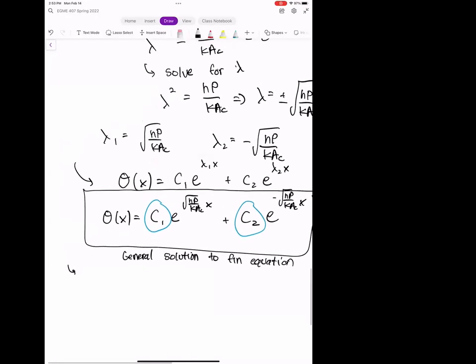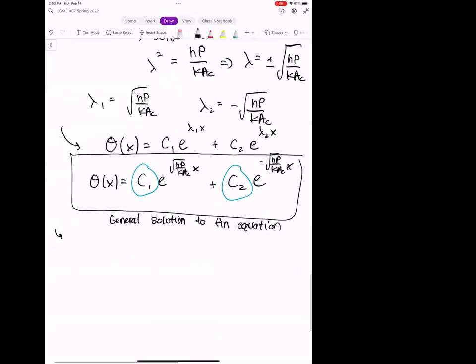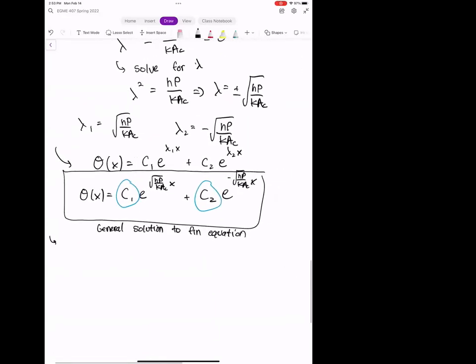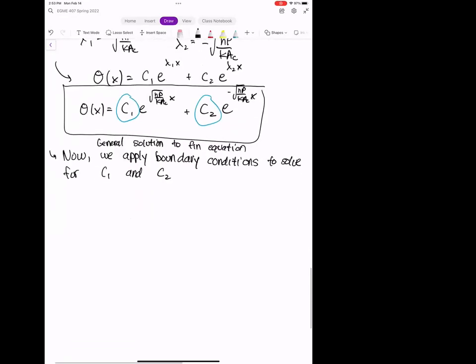So now, okay. Now, just like we've always done with the heat equation, it's time to apply our boundary conditions.